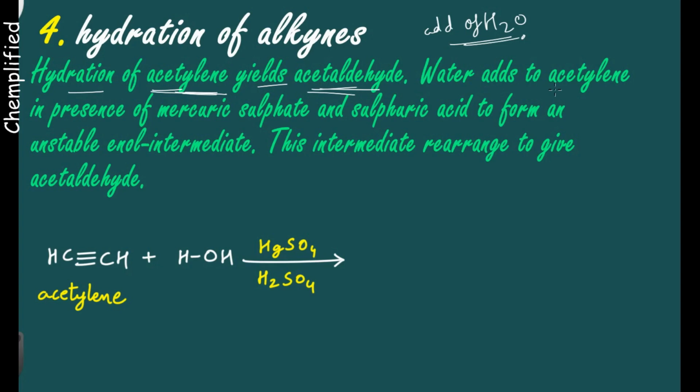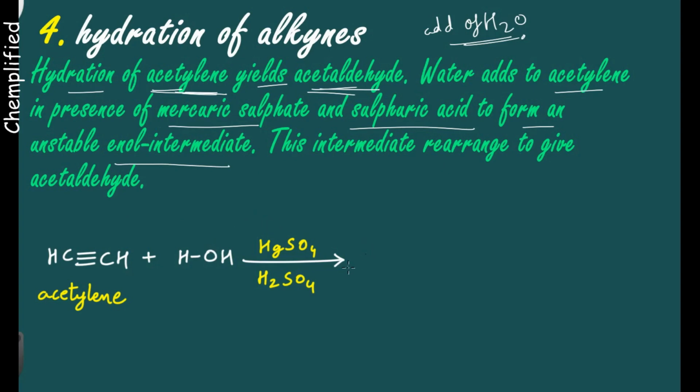Now water adds to acetylene in presence of mercuric sulfate and sulfuric acid to form an unstable enol intermediate. This intermediate rearranges to give acetaldehyde. Right? So now let's take a look at how the reaction is going to proceed.